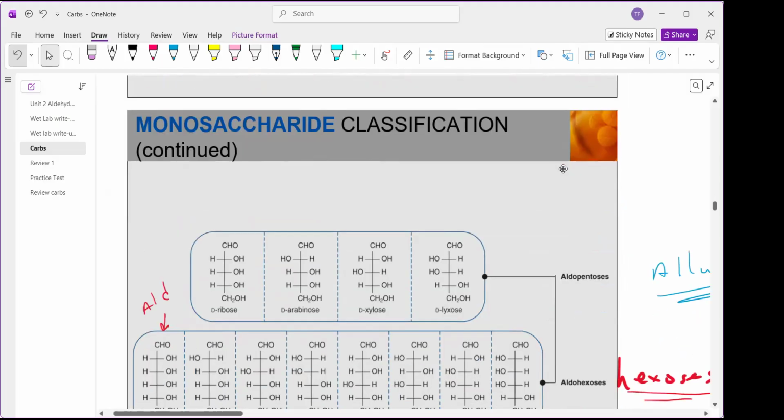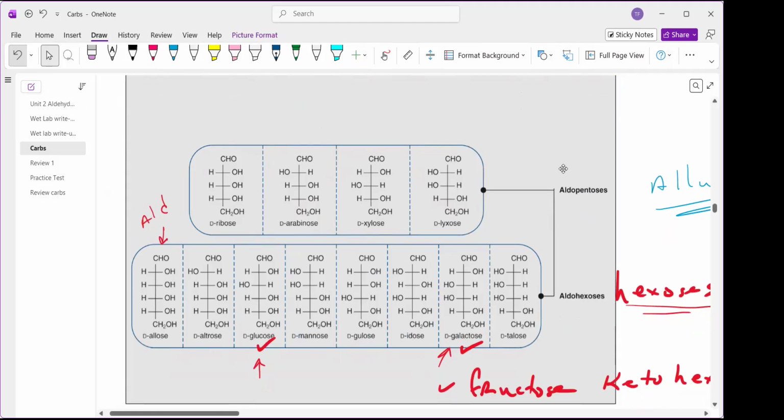Okay, so these are all hexoses here. There's 1, 2, 3, 4, 5, 6, 7, 8 Ds and 8 Ls. So 16 hexoses. So we're forgetting about the Ls, just looking at the Ds. So there's 8 of them. There are 3 you're going to need to know.